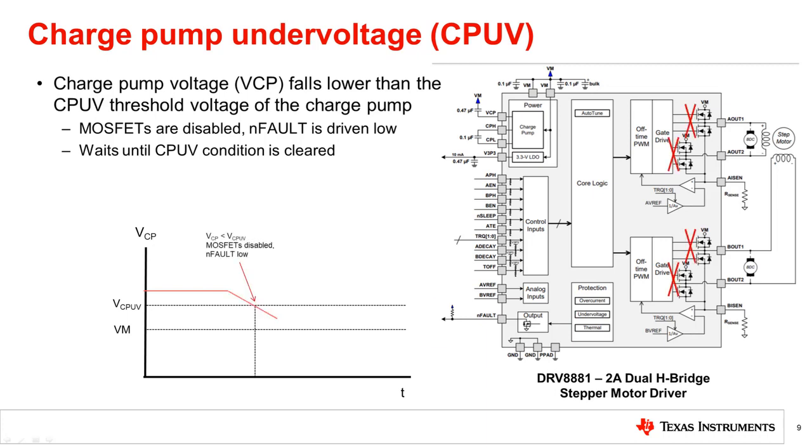When the charge pump voltage falls lower than the CPUV threshold voltage at any point, the MOSFETs are disabled and a fault is generated by driving nFAULT low. Once the charge pump voltage is higher than the charge pump undervoltage threshold, the CPUV fault is removed, nFAULT returns high, and the device will continue to operate normally.